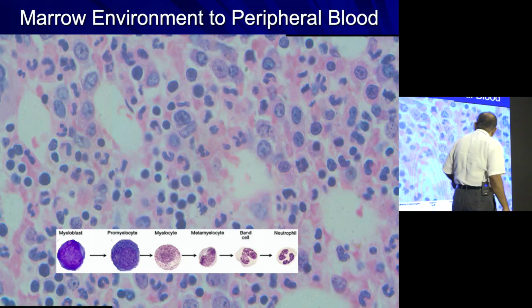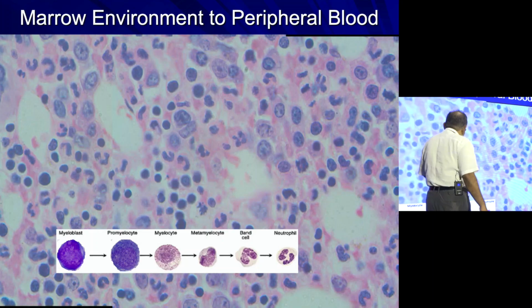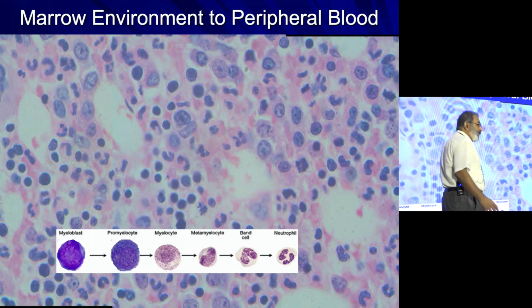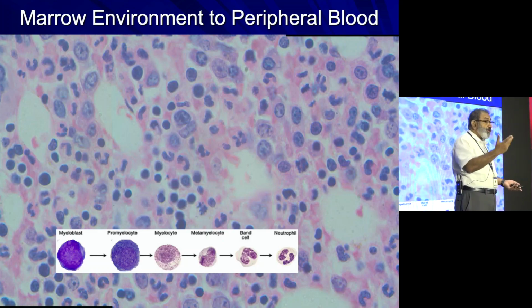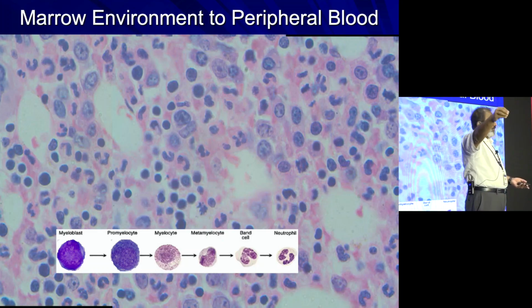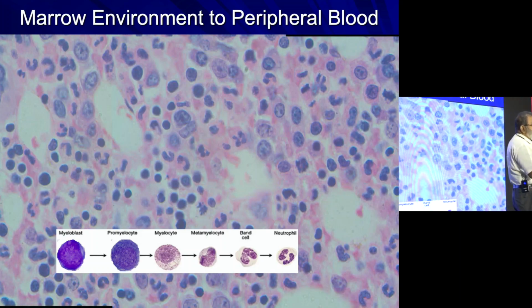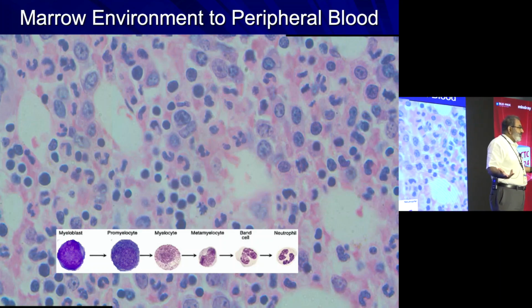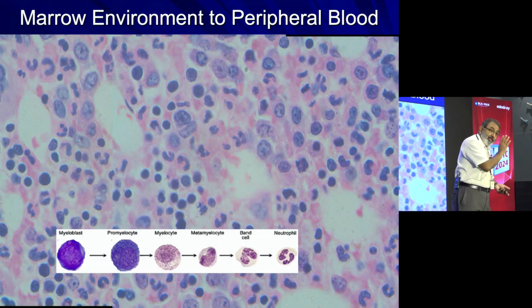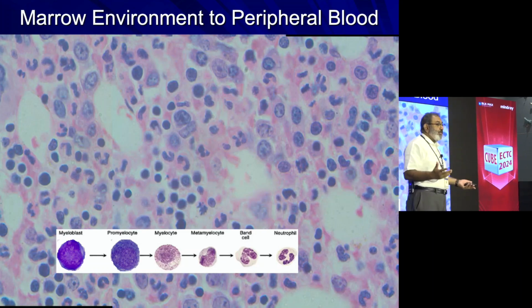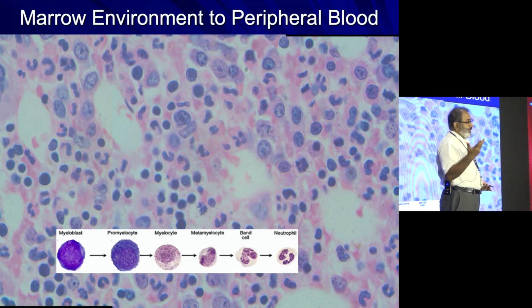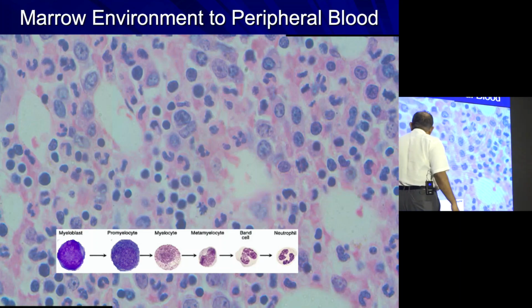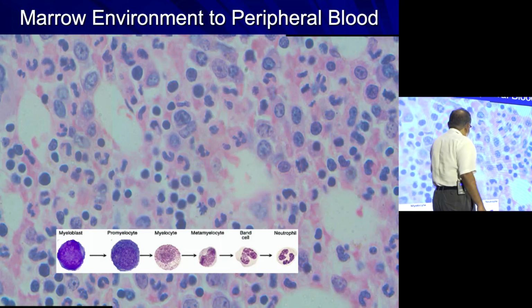Change number 2: the granules start appearing in promyelocyte, in myelocyte, but after metamyelocyte, you hardly see the granules. That's because as the granules mature, they lose the sialic acid on the surface. So when they lose the sialic acid on the surface, azurophilic dye, basophilic dye, attraction is gone. The granules are there, but they will not be stained because they have lost the attracting stain. And then of course, the size of the cell becomes half.